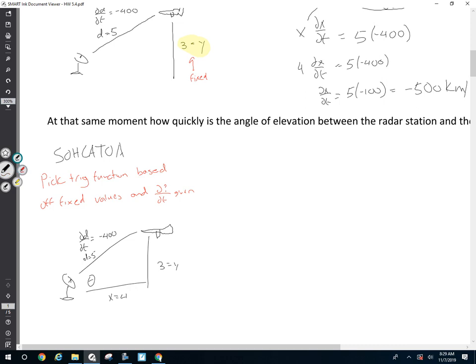So for this example, y equals 3 is fixed. I'm given d/dt. That's the vertical, that's the opposite. This is the hypotenuse. I should be taking sine. Sine of my angle will equal the opposite over the hypotenuse, but the opposite will always be 3.